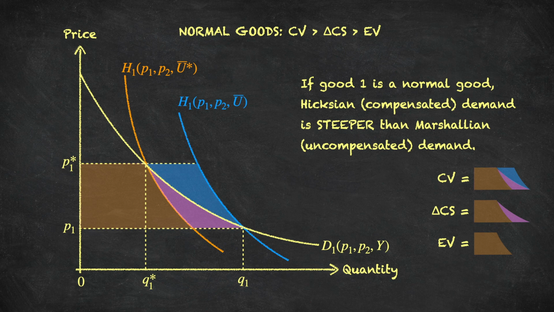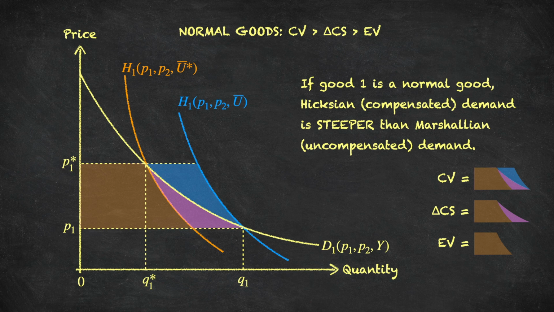So Marshallian demand is flatter in this diagram than the Hicksian demand curves. So for normal goods, Hicksian demand curves are steeper than Marshallian demand curves. Now, because of this, we can see here quite clearly that the orange area, the equivalent variation, is the smallest of these welfare measures.